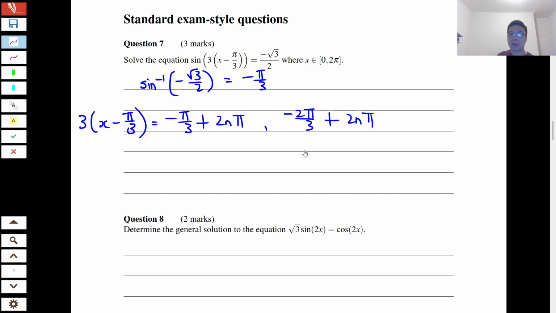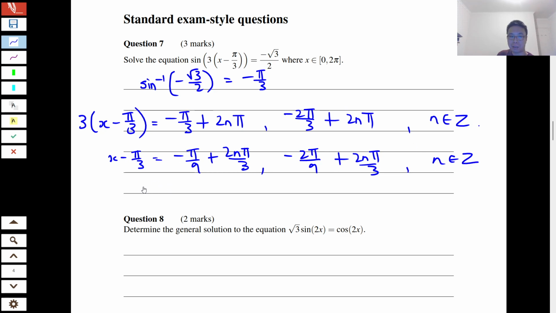All right, now what I can do is divide everything by 3. So that gives me negative pi on 9 plus 2n pi on 3, and negative 2 pi on 9 plus 2n pi on 3.